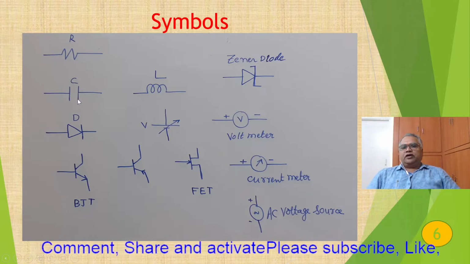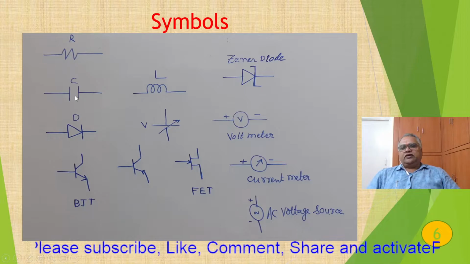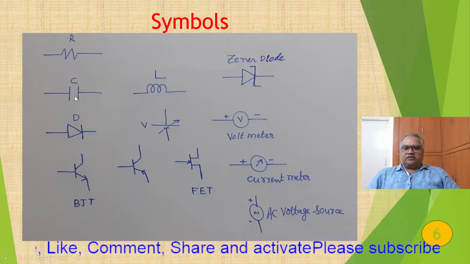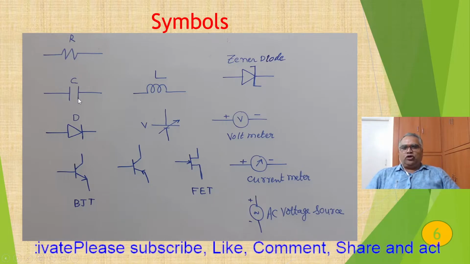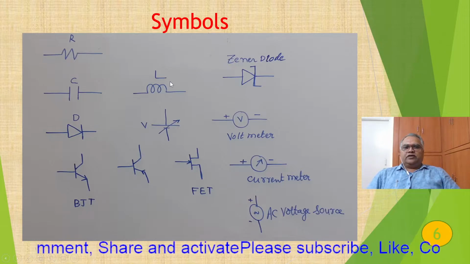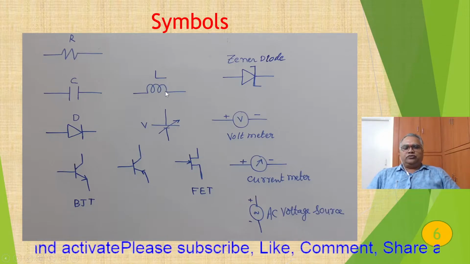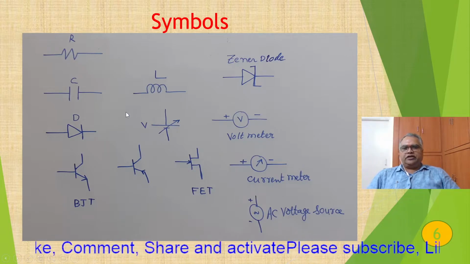Capacitor: the gap and plate length should be symmetrical. If the gap is very small and the plate length is too big, it won't look nice. Inductor: rotate three rounds, two or three are enough. This is the inductor.